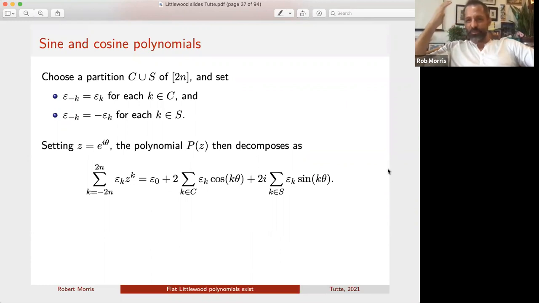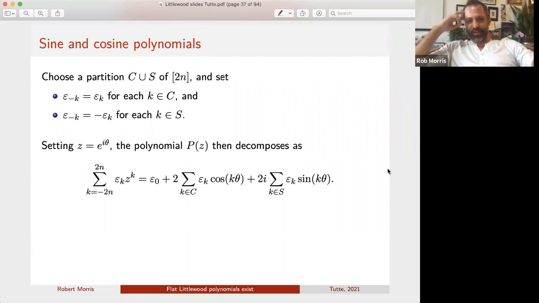Well, if we multiply by some power of z, we're not changing what's going on, because z is of modulus 1, so we're just rotating it. So it doesn't change the problem to multiply the polynomial by some power of z. Okay, so we can multiply it by z to the minus 2n, and we're in the same situation. And now we have this thing that's symmetric about 0. And now what I said just before perhaps makes more sense.